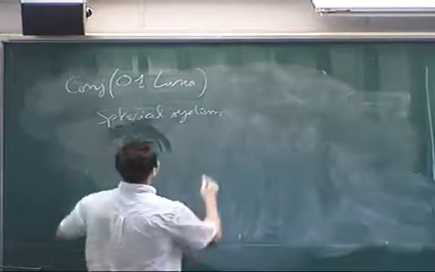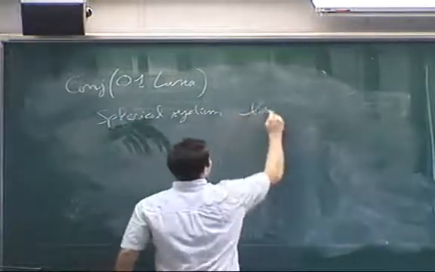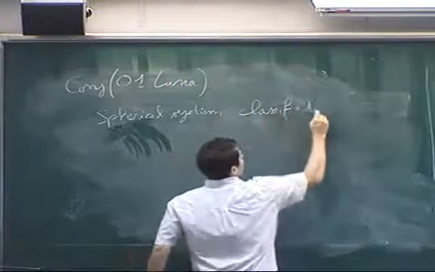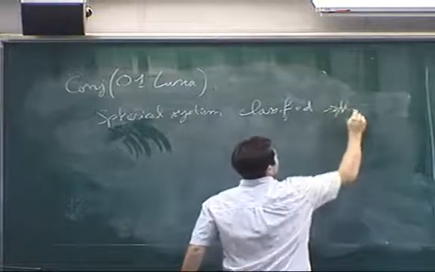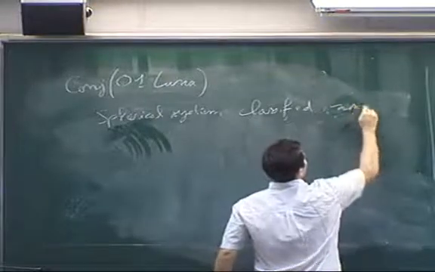The conjecture of Luna was that spherical systems classify spherical wonderful varieties.